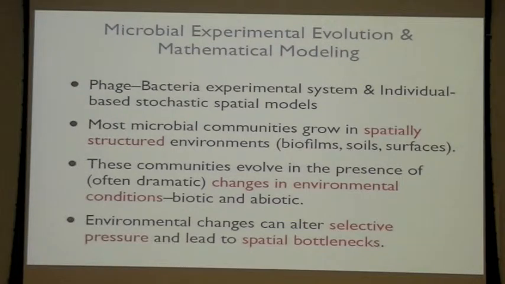They can alter selective pressure, and in particular, they can lead to what I call spatial bottlenecks. So this is another thing that I think is missing from experiments and theory, or at least underrepresented. Biological communities go through periods of boom and bust. So there are periods of decline when the environment is not so good, and then subsequent expansion.